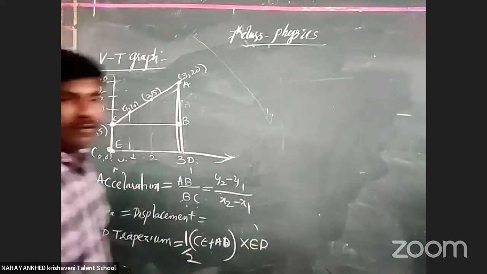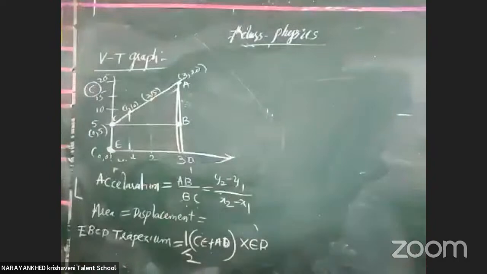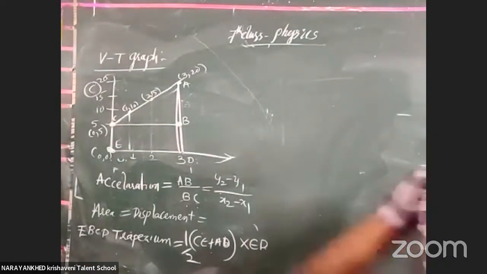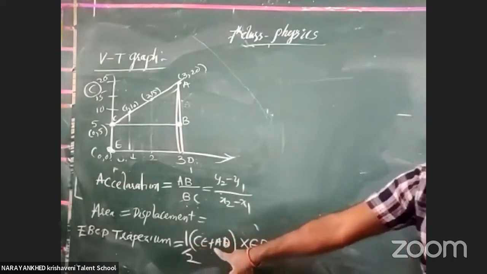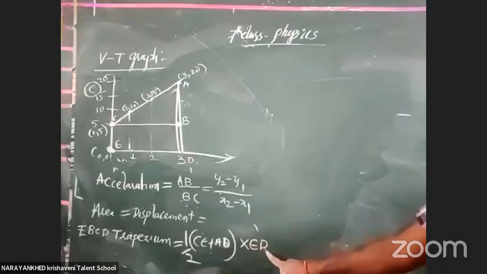Got it or not? This is what we consider as the trapezium. EBCD trapezium area is equal to half into CE plus AD into ED.